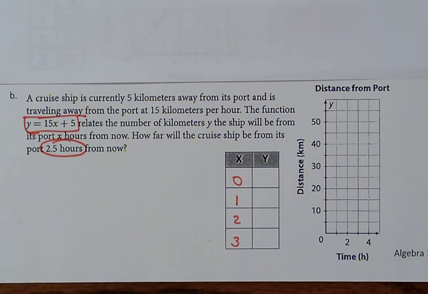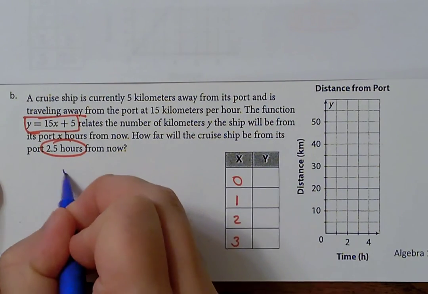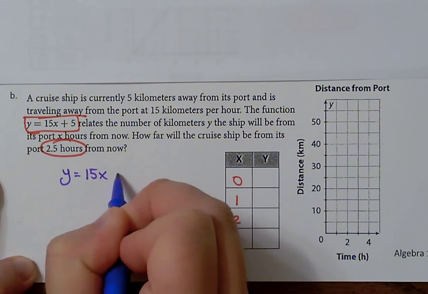If it does not ask you to graph, I'm going to save you time from actually needing to go through and plug stuff into the table and then graph it. So the way to expedite this process, because I know not a lot of you are going to enjoy graphing, if you want to do this without graphing, we take our function, y equals 15x plus 5.